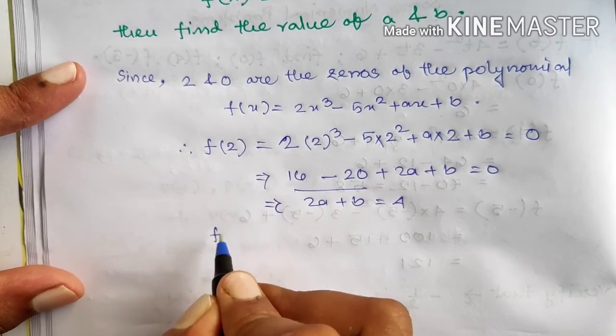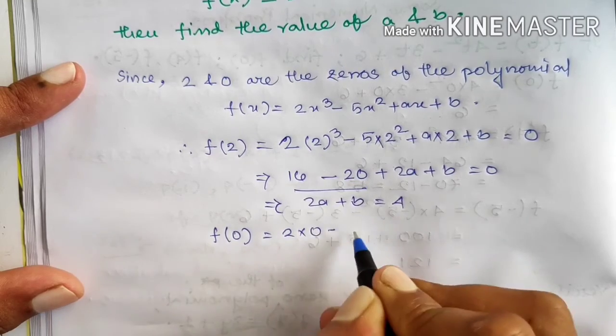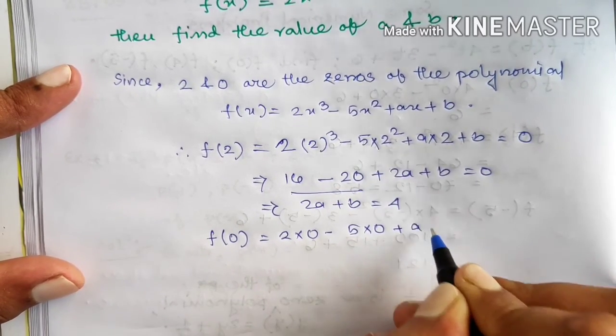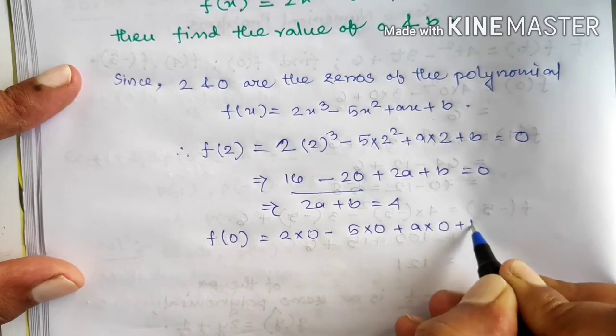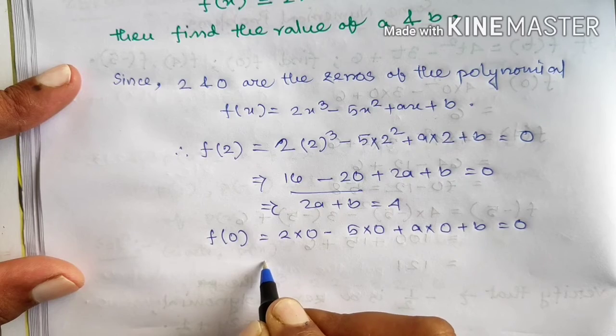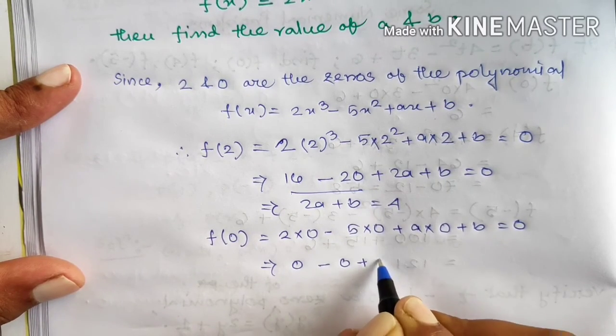Now for f of 0, 2 into 0 minus 5 into 0 plus a into 0 plus b must be equal to 0, which implies b equal to 0. Just simple calculation.